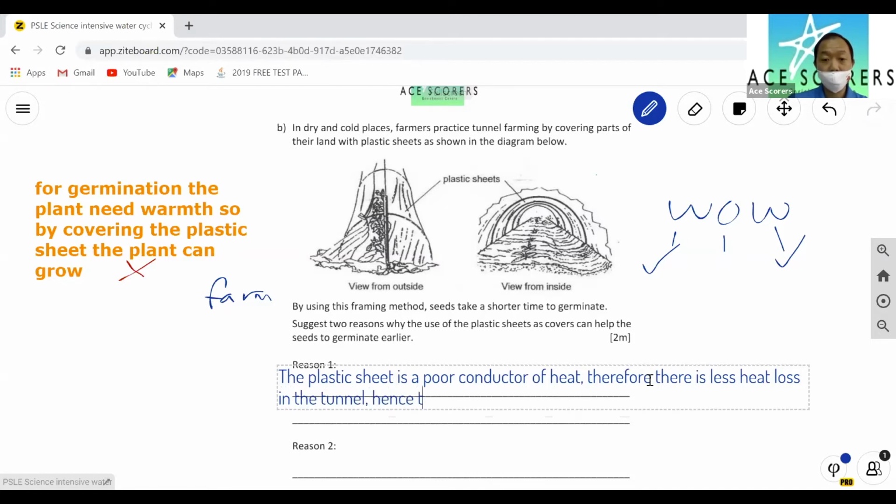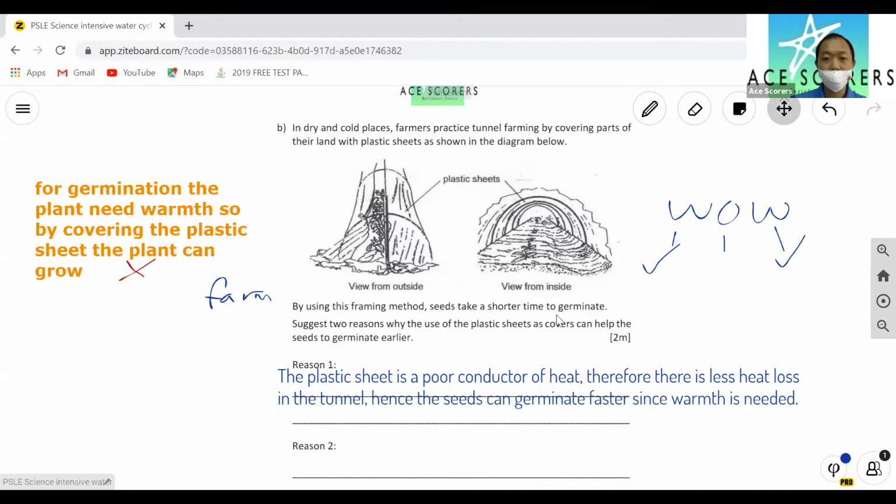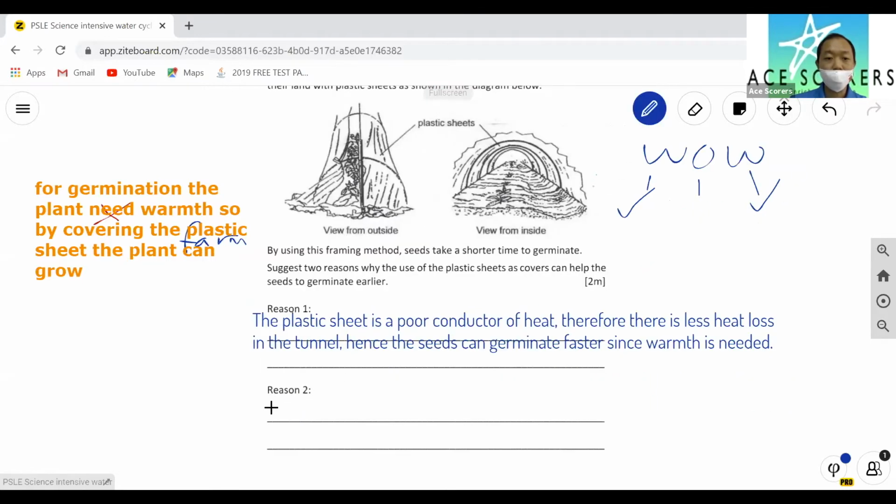Hence, warmth is needed. Now the second reason is about water vapor.